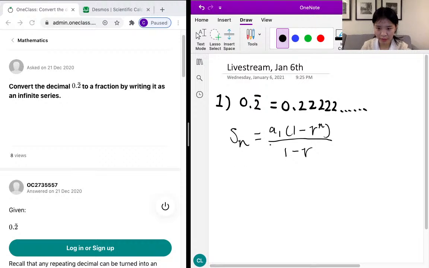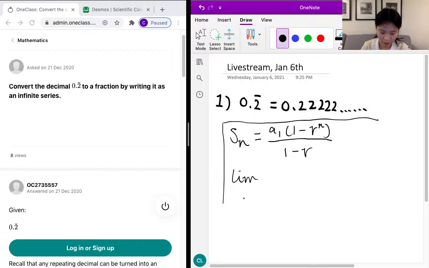In order to find the infinite sum, we need to find the limit. This is just basic knowledge about geometric series, so if you haven't heard of them before, this is what you need to know. N is an arbitrary number representing the nth term, and we want to take the limit as n tends to infinity.